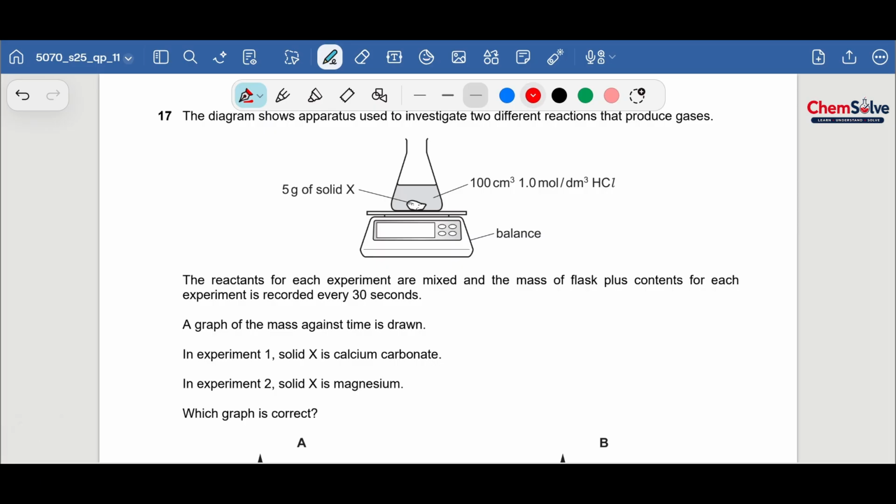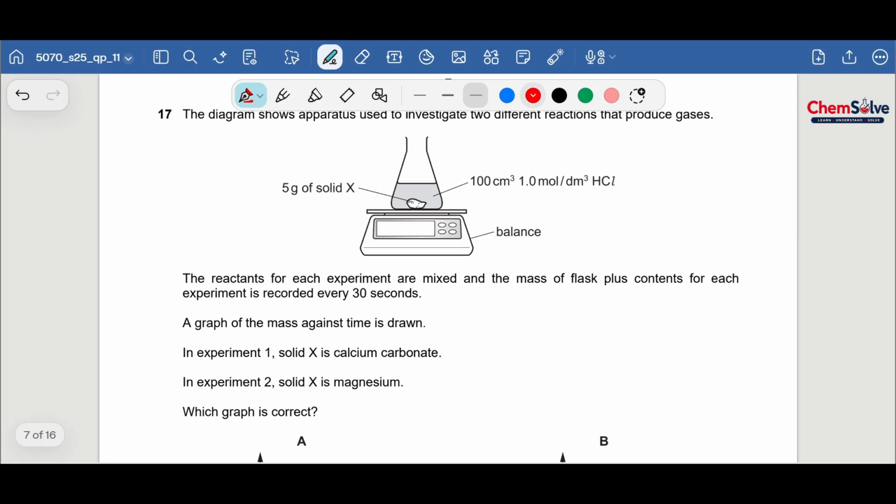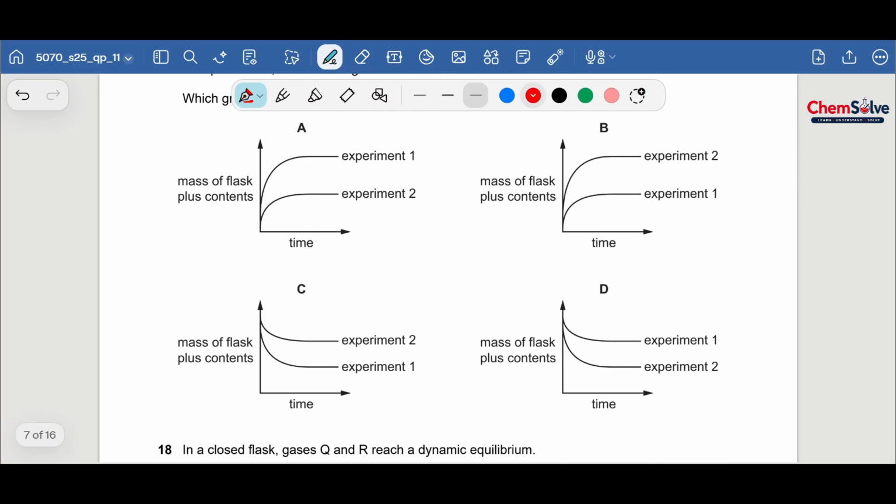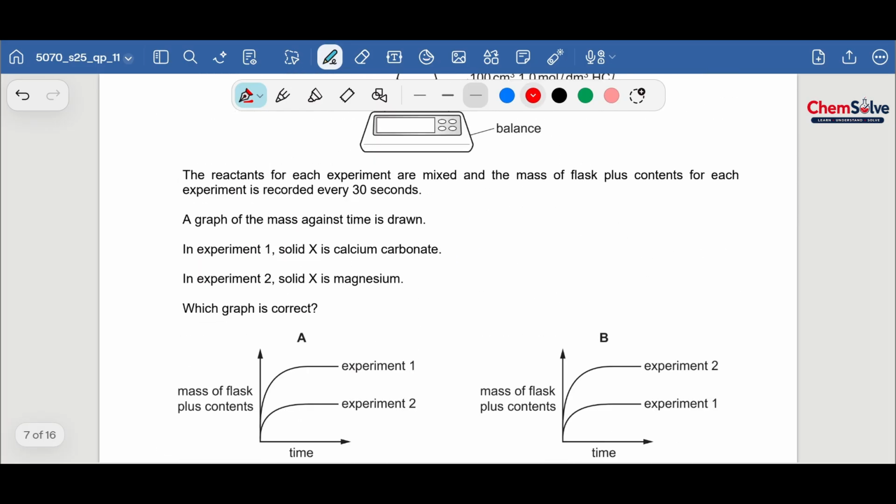We have taken 5 grams of solid X and it is being dissolved in 100 cm3 of 1 mole per dm3 HCl. The reactants of the experiment are mixed and the mass of the flask plus contents for each experiment is recorded every 30 seconds. A graph of the mass against time is drawn here. We can see 4 options with different graphs.